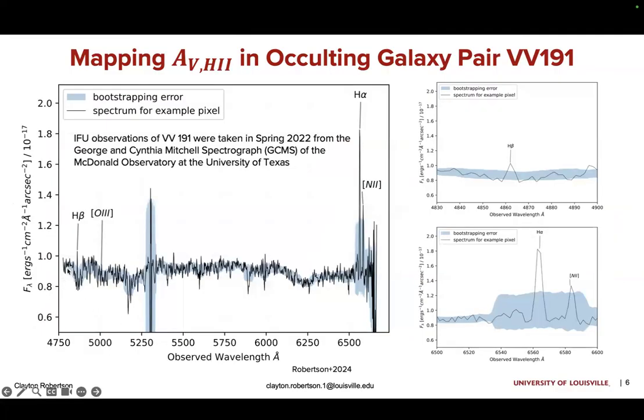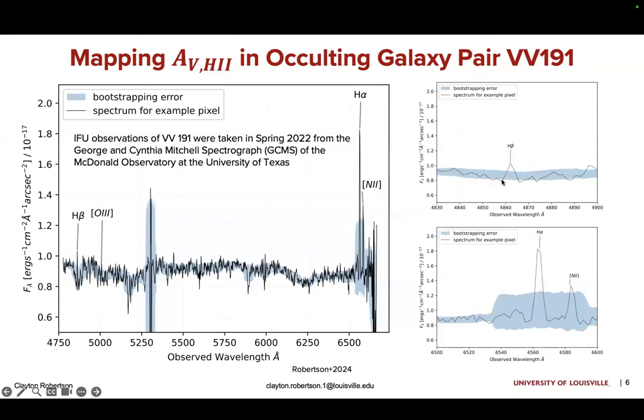One, look at the absorption surrounding H alpha and H beta. That comes from stellar absorption in the stellar photosphere of O and B stars, these high-mass young stars. That absorption surrounding H beta makes the extraction of the H beta emission line a little more difficult.